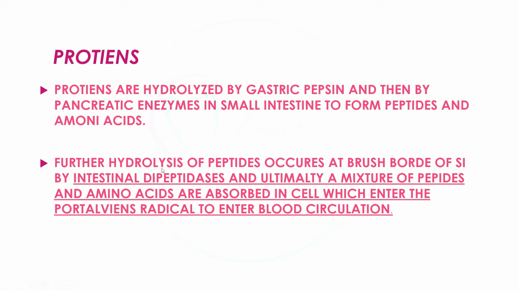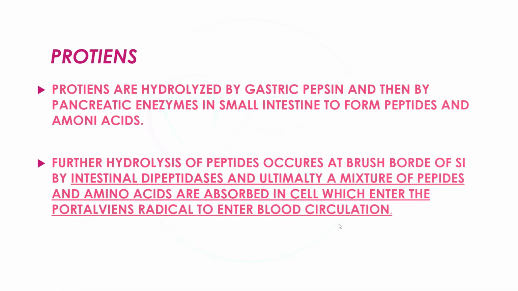Then further hydrolysis of peptides occurs at the brush border of the small intestine by dipeptidase, and ultimately a mixture of peptides and amino acids is absorbed into cells, which enter the portal veins to enter blood circulation.